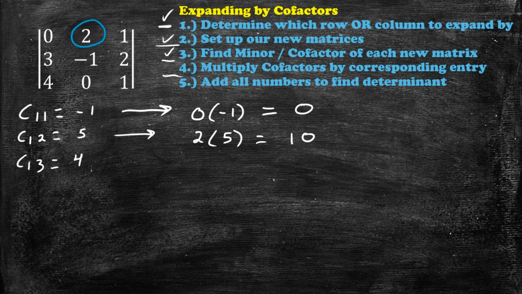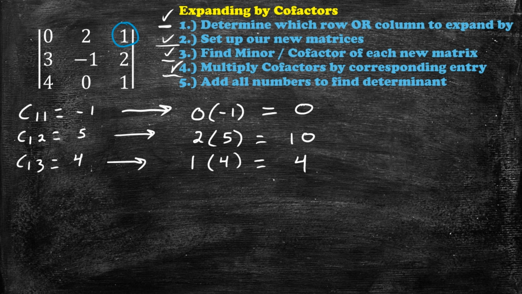All right, last one here, we have row 1, column 3, which is this entry here. So that is going to be 1 times 4, which is our cofactor there.